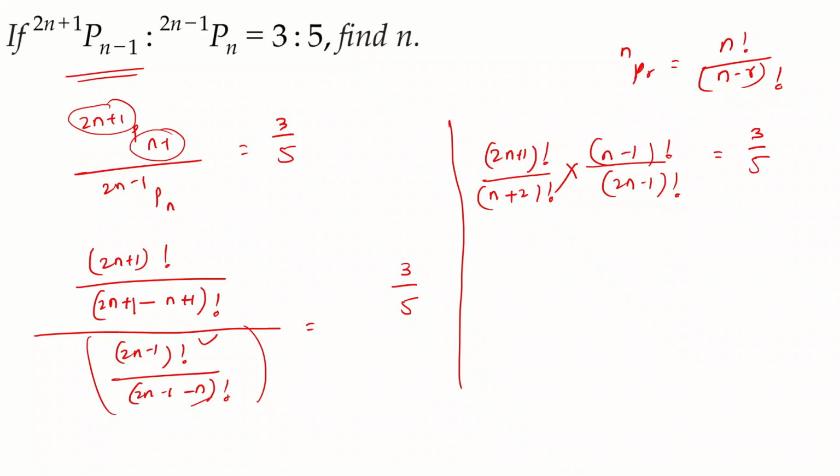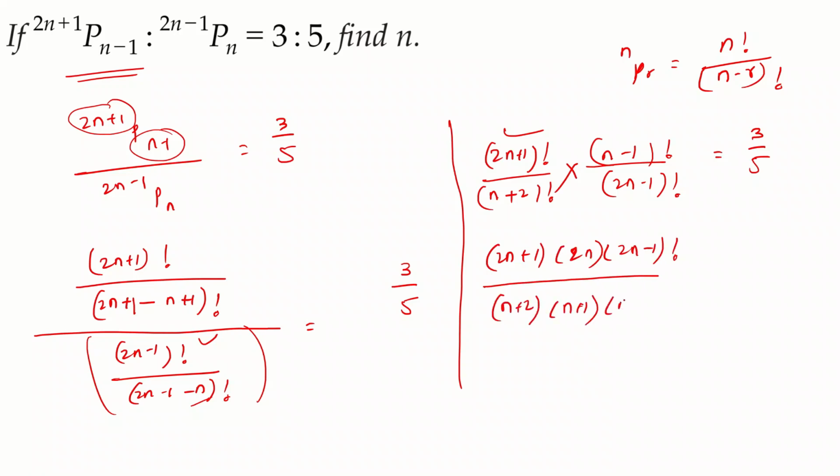Now we have to simplify. So what do we do in simplifying? We write (2n+1) factorial as (2n+1) times 2n times (2n-1) factorial. We apply this logic many a times. So (2n+1) times 2n times (2n-1) factorial, divided by, with similar logic here, (n+2) times (n+1) times n and (n-1) factorial, just to cancel these terms.